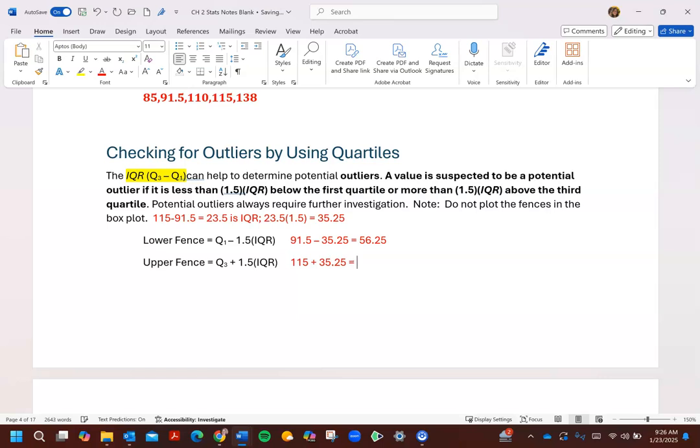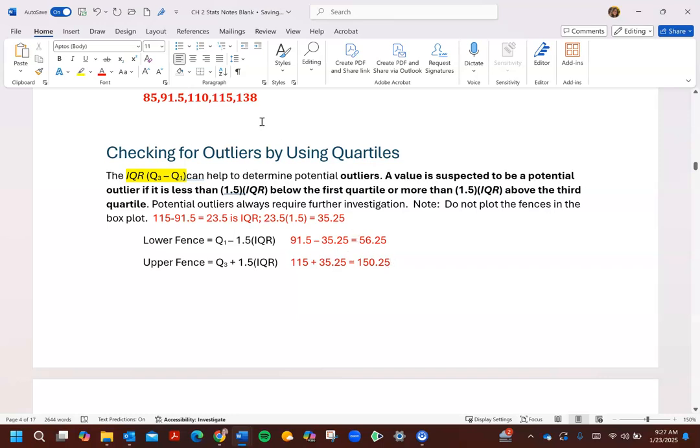And I will get 150.25. And those are my fences, so that's the upper fence.